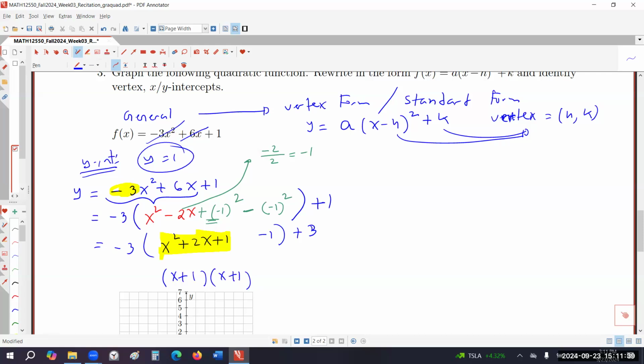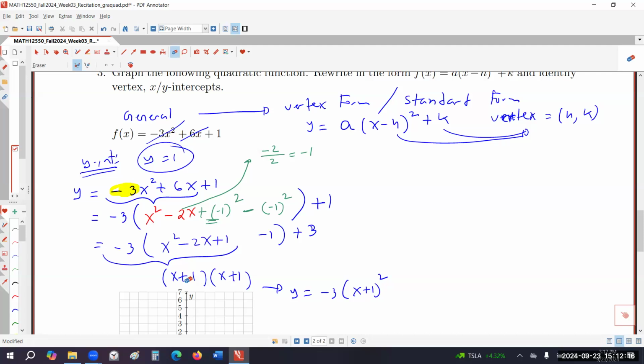But why waste our energy writing it twice? So what we do, we write it only once. We have y equals -3 (x plus 1) squared. From these 4, the 2x is negative because we pulled out the negative.